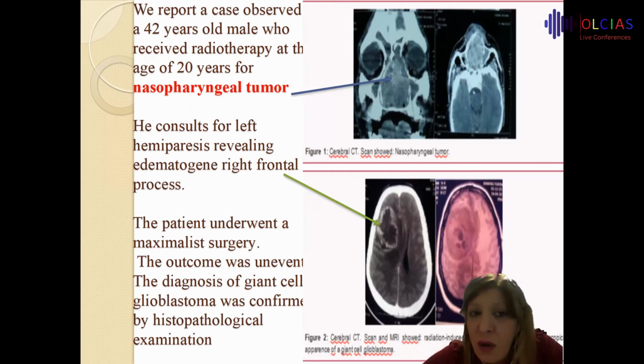Later, after 20 years, he consulted for a left hemiparesis, and radiological exploration revealed a right frontal process. Our patient underwent a maximal surgery, and the histopathological study confirmed the diagnosis of giant cell glioblastoma.